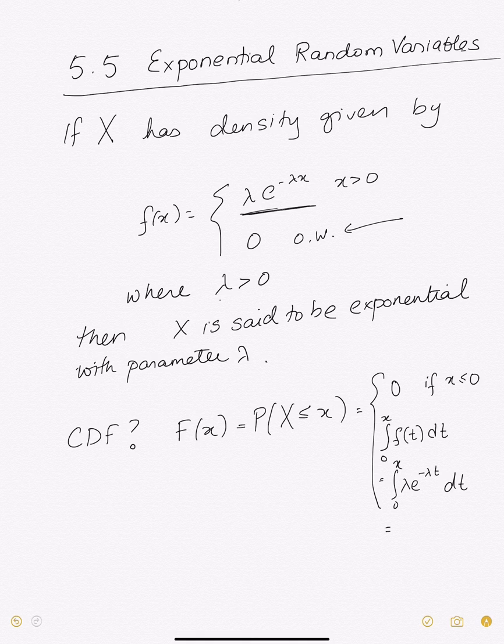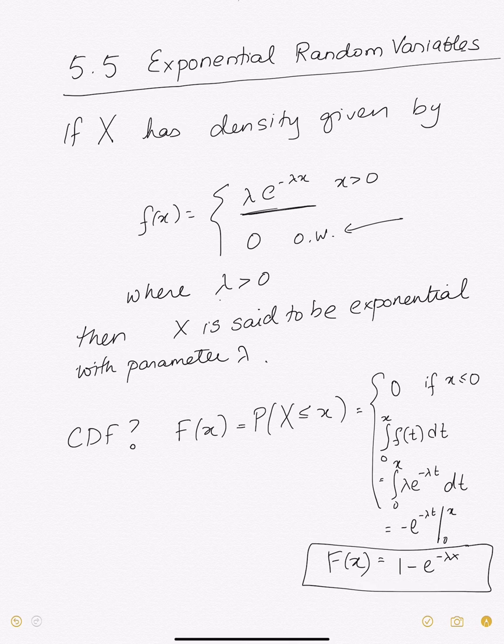Just do a little integration by u substitution: u equals negative lambda t, so negative lambda dt will be the derivative. So you have minus e to the minus lambda t going from 0 to x. Plug in x, plug in 0, it's minus of that, so you get 1 minus e to the minus lambda x. And that is your cumulative distribution function for an exponential random variable.